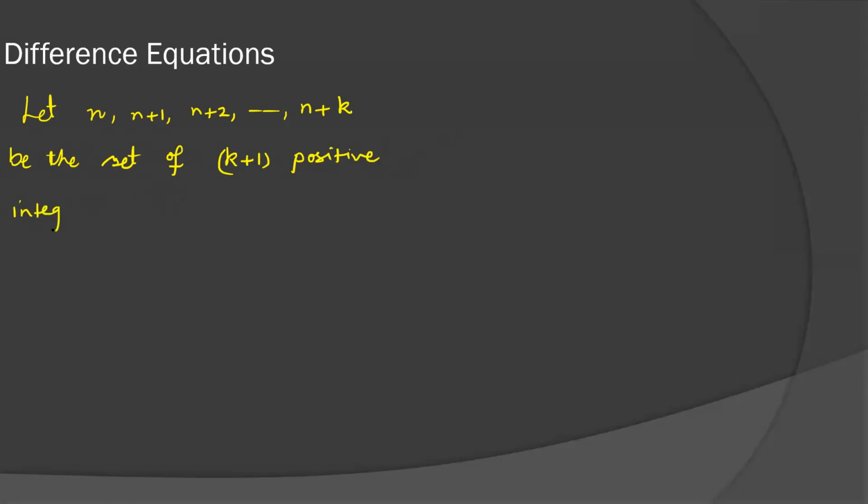You can see we are starting with n plus 0 and going up to k. So 0, 1, 2, 3 up to k, it will be k plus 1 points. In the domain, we have k plus 1 points. This is your n, this is n plus 1, this is n plus 2, and up to n plus k.